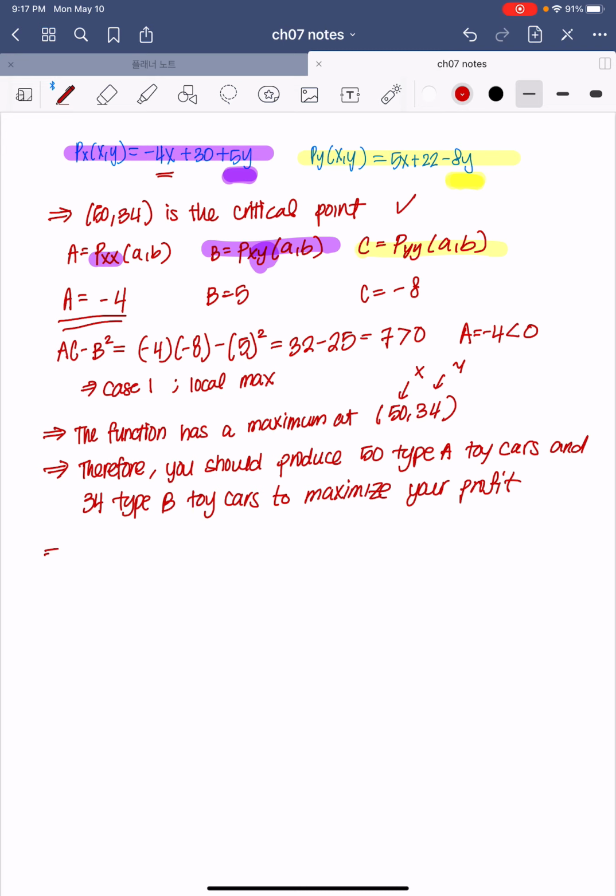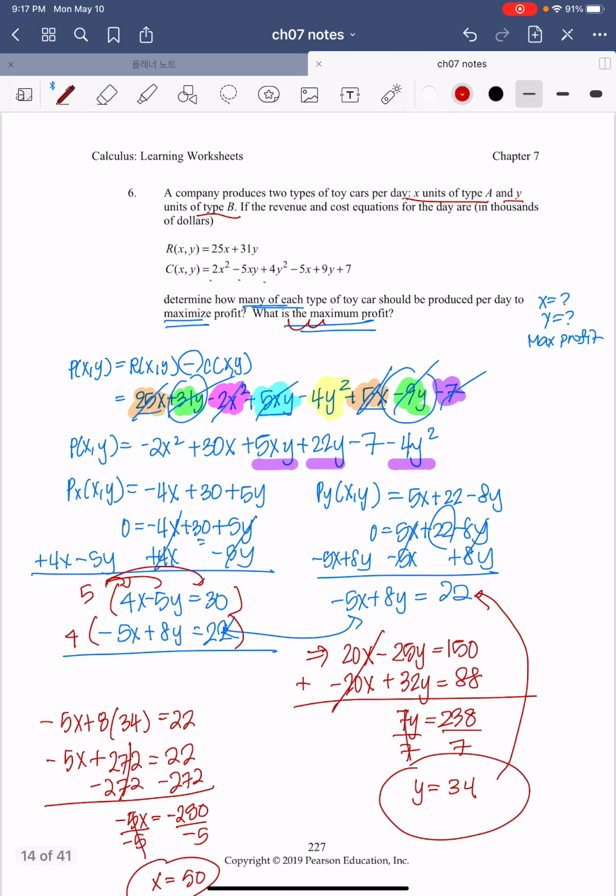Now the second part is, what is the maximum profit? So I'm going to plug it into our profit function with our units 50, 34.